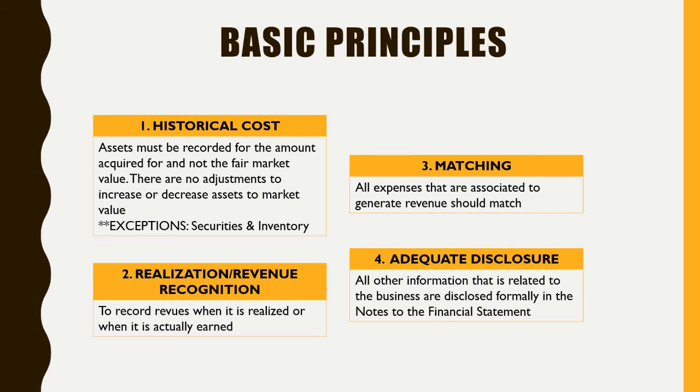So bank bonds, okay, bank bonds, securities, things like that, as well as inventory, okay? Because inventory, we'll talk about that when we go into chapter 6, you're going to realize that inventory can either lose its value over time or it can actually increase its value over time, and you can adjust it according to the fair market value, meaning you are able to adjust your inventory based on what the market perceives the inventory is valued at.